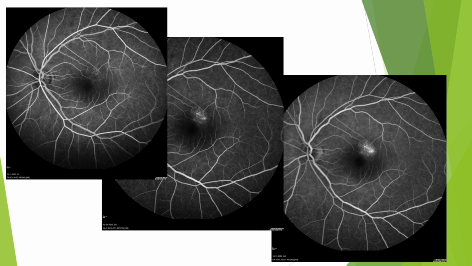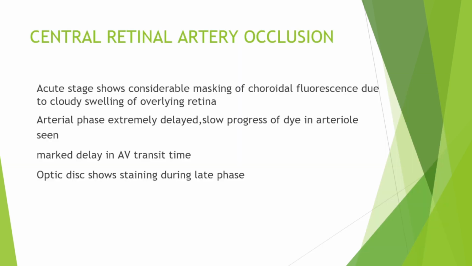Coming to central retinal artery occlusion, in the acute stage it shows considerable masking of the choroidal fluorescence due to swelling of the overlying retina. The arterial phase is extremely delayed, with slow progress of the dye seen in the arterioles.